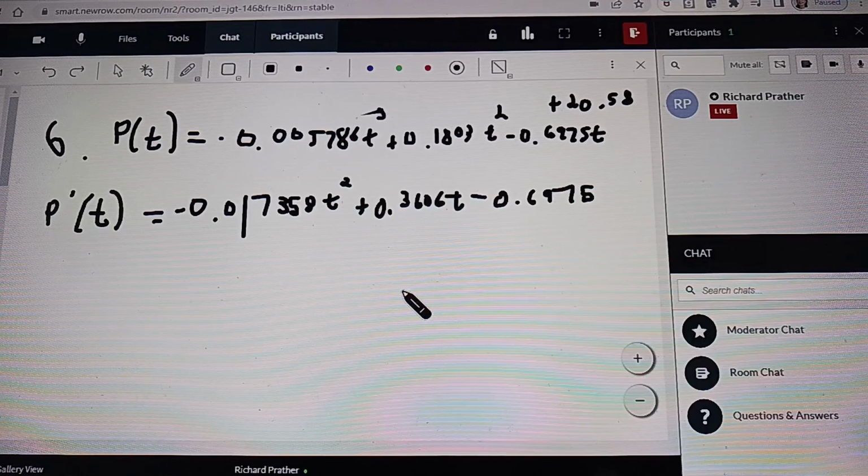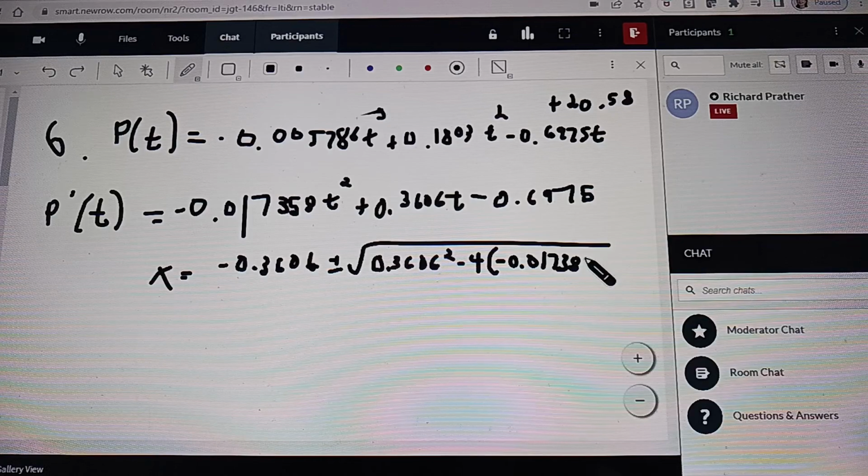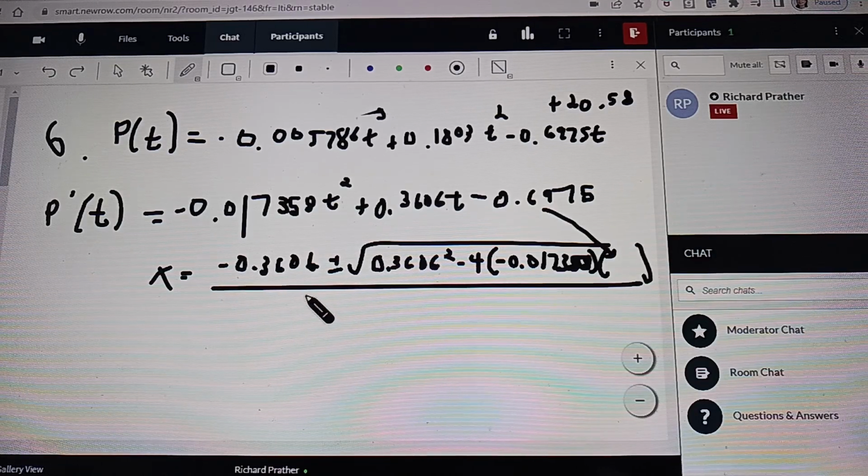Okay, so the only way to solve this, unfortunately, is the quadratic formula. And it's definitely never undefined, but it's going to equal 0 twice. So opposite of b, plus and minus square root b squared minus 4 times a, oops, I did that backwards, 4 times a times c, which is a negative here, all over 2 times a.